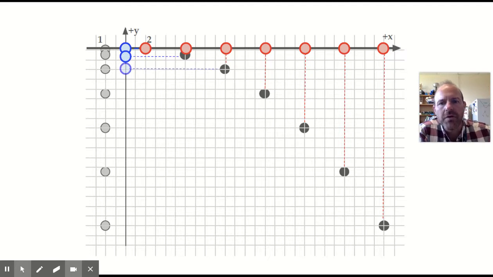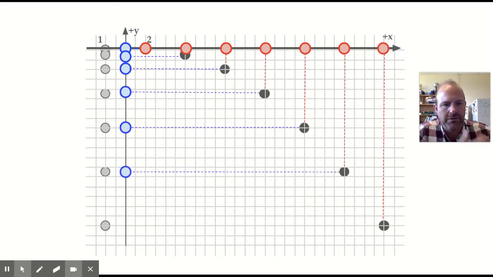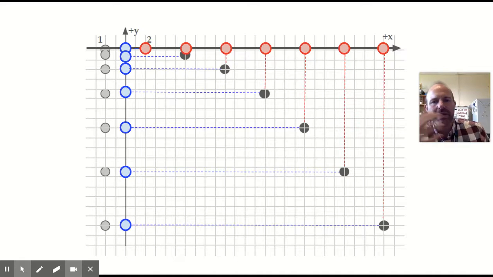This is essentially overlaying our free fall that we looked at in a previous video on top of this grid. And if you combine the X position at a given time and the Y position at a given time and connect those dots, you find out where the ball would be as a projectile. So projectile motion is nothing more than horizontal constant velocity motion combined with vertical free fall motion. And so if we use that information, we can lay on top of this a lot of useful information.